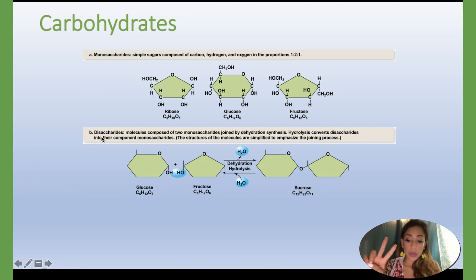Disaccharide, di meaning two. So we have to combine two of these monosaccharides together to make a disaccharide. Here we have glucose and fructose. They are still separated, that's why there's an addition sign right here. We have to combine them together to make a disaccharide. The way we do this is we line them up, and what happens is we are losing water.